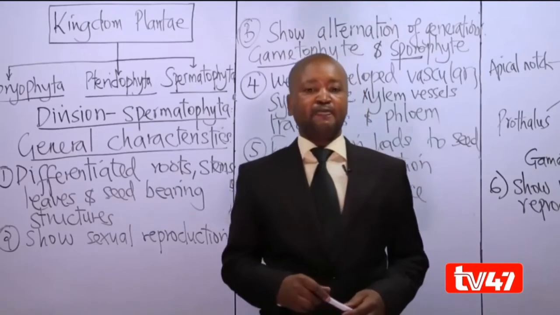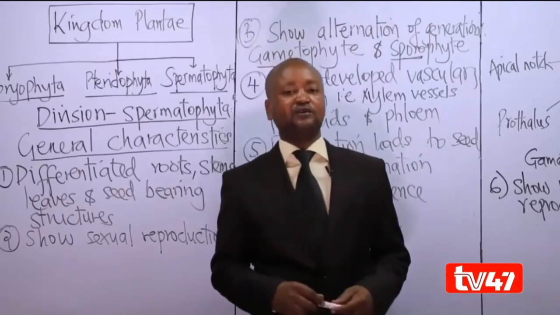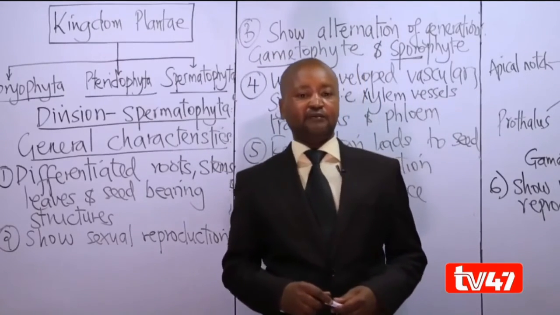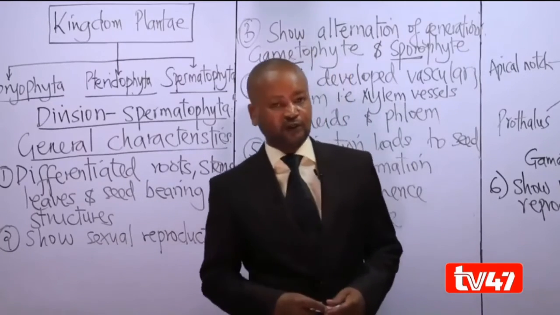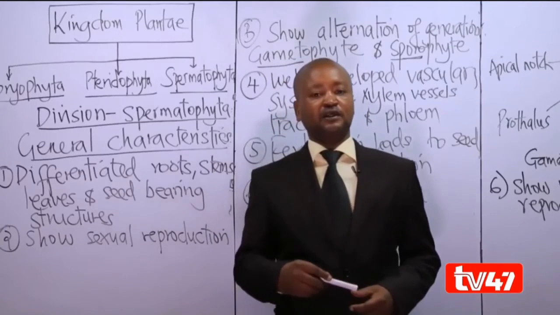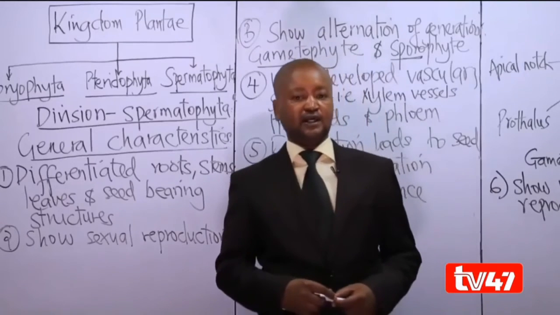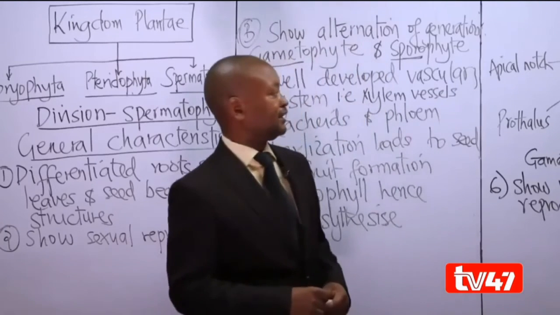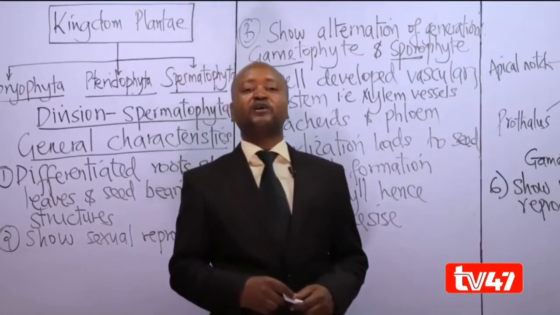And then earlier on, we looked at Bryophyta as we started the lesson, and we pinpointed that Bryophyta is more advanced than Pteridophyta because some of its members have got roots, stems and leaves, even though they don't have flowers. Then there are structures that are very important to note, which bring about alternation of generations.